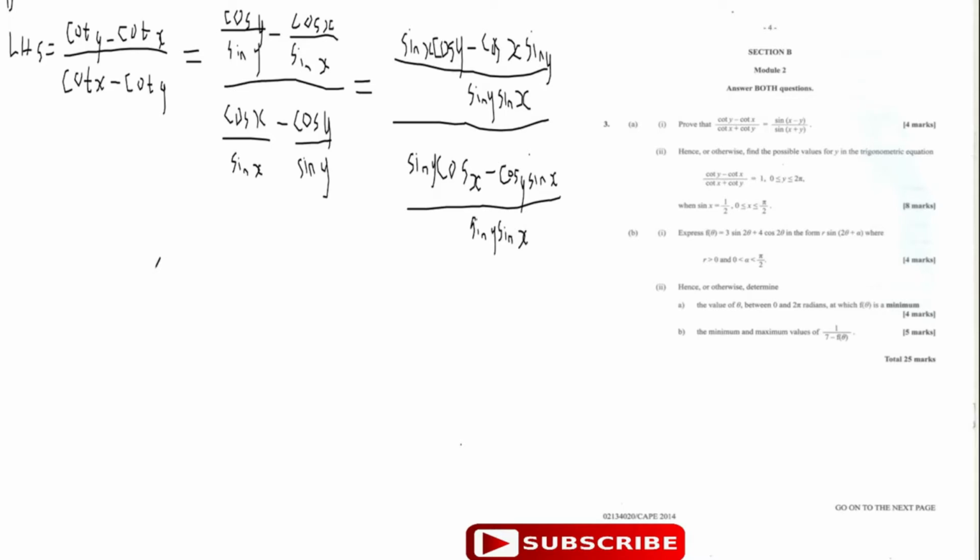Now whenever I have a fraction divided by another fraction, I like to rewrite it another way that is easier to understand. I'm going to rewrite it as sine x cos y minus cos x sine y, and all of this is divided by sine y sine x.